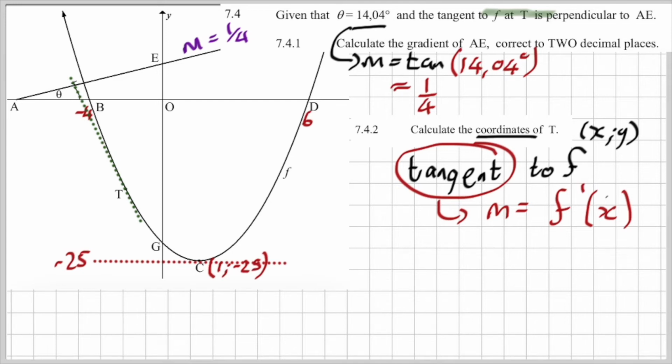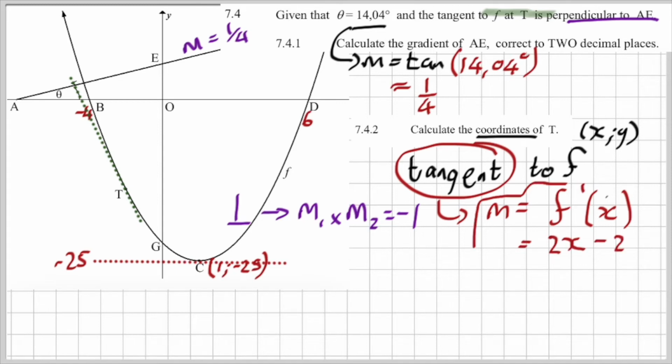I've got these keywords like tangent that I look out for. They also tell me it is perpendicular, so I know m1 times m2 must be negative 1. In other words, the tangent's gradient times the gradient of AE must be negative 1.